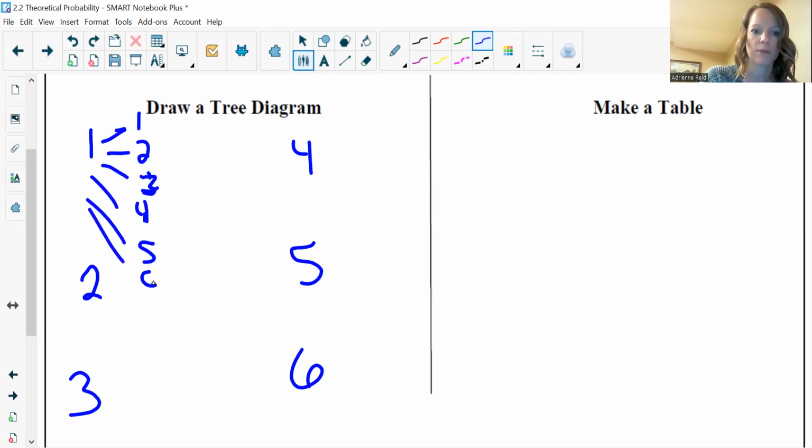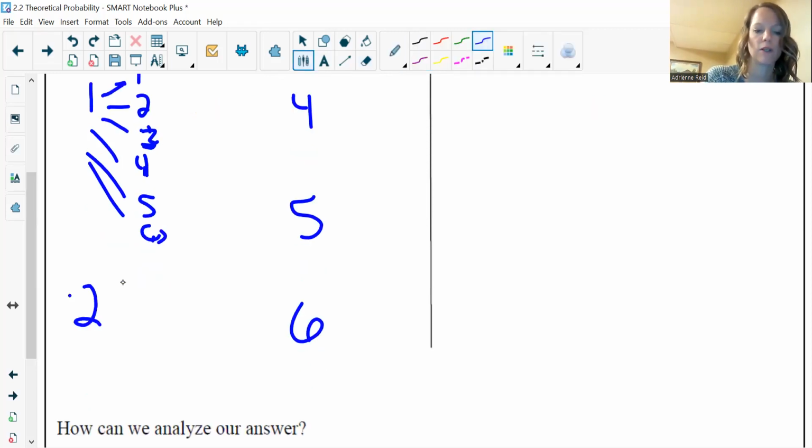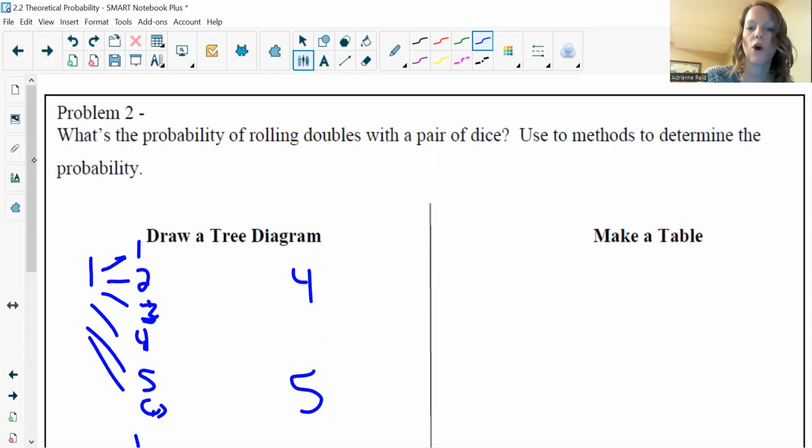Hopefully you can squeeze yours in better than I can, but basically you do that with each of the numbers that are possible here. So with the 2 as my first die, I could also roll a 1, 2, 3, 4, 5, 6. For a 3 as my first die, I could also roll all those things. And keep going with all of your possible numbers.